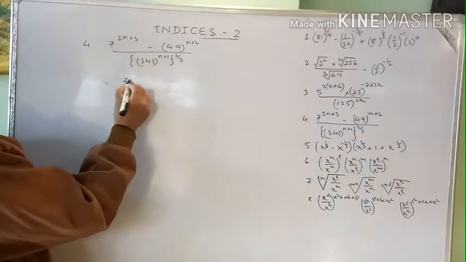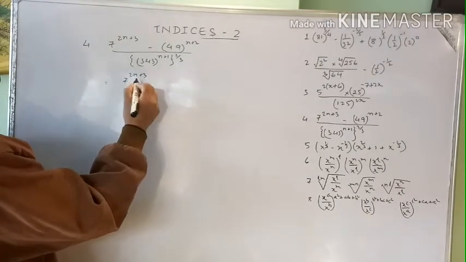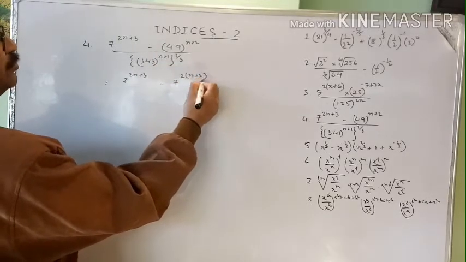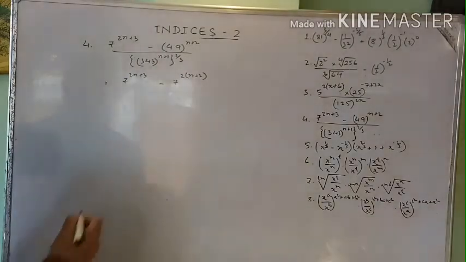So 7 is a prime number, so it's okay. 7 to the power 2n plus 3 minus 49, you can write as 7 square to the power n plus 2, powers multiplied.